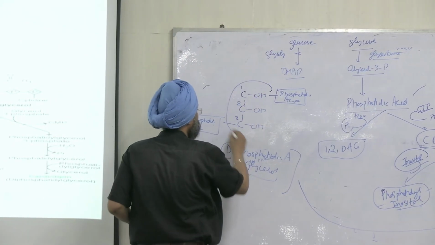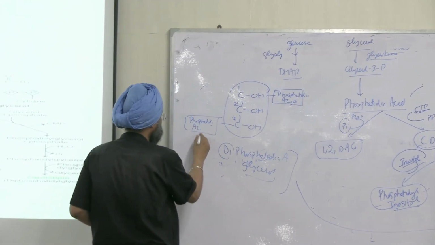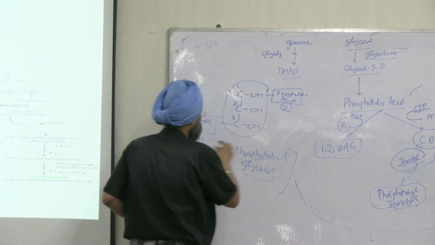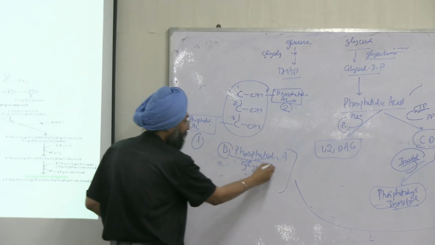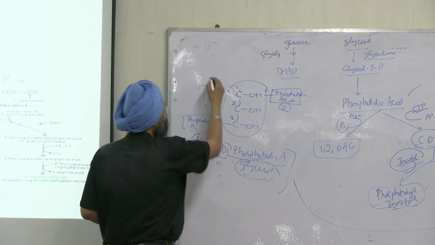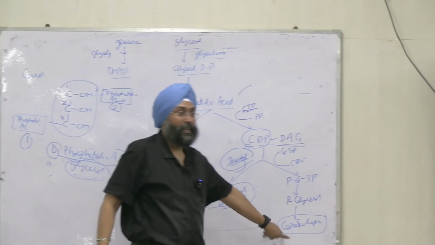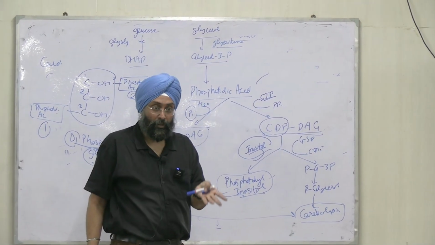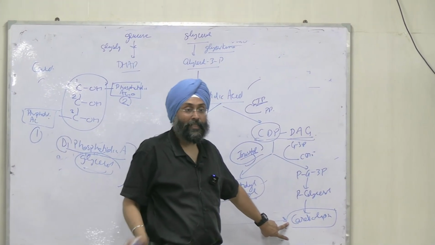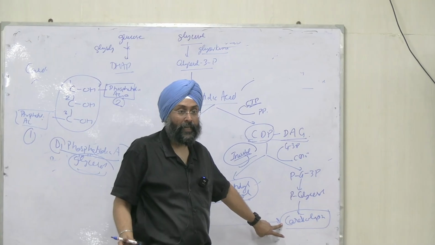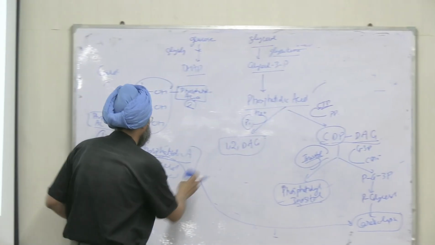In the center we have glycerol, with 2 phosphatidic acids attached, diphosphatidic acid glycerol. This is our cardiolipin. Another phospholipid is formed. It has antigenic properties, was isolated from heart muscle, and plays a role in the mitochondrial membrane. Right? Now another phospholipid.